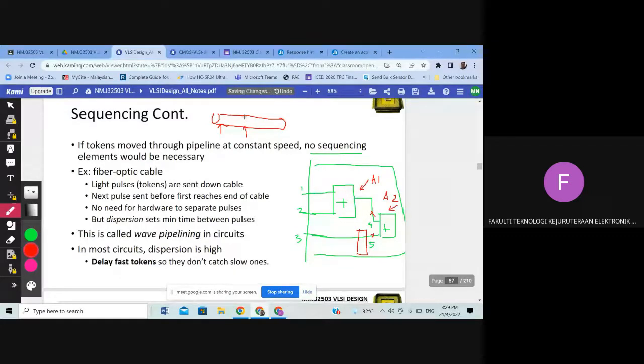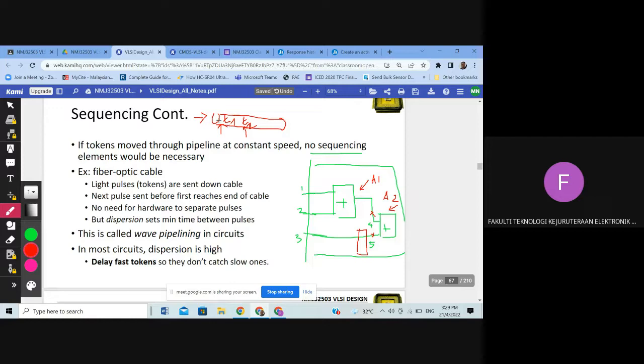Maybe this is T number 1, and this is T number 2. The pulse you send from here then reaches the end. You can send multiple times, but at different intervals of time.